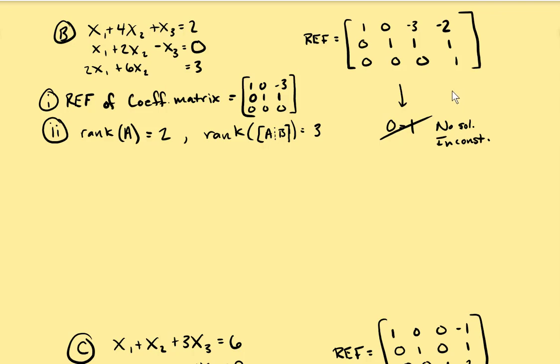And that's just what the theorem tells us is absolutely true. If the rank of the coefficient matrix is not equal to the rank of the augmented matrix, you'll get no solution. So let's call this part 3, finding the solution. We already did it. There is no solution.